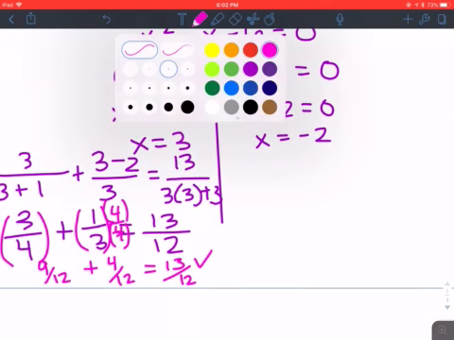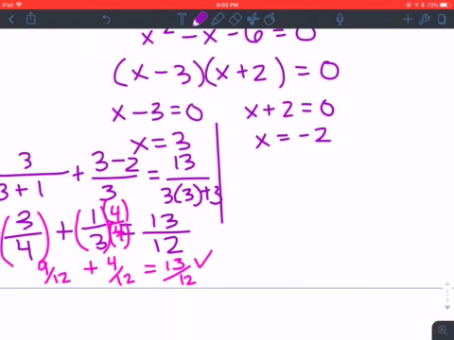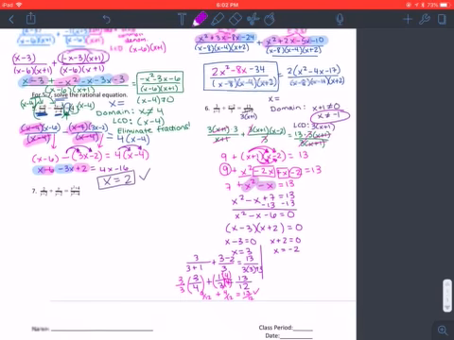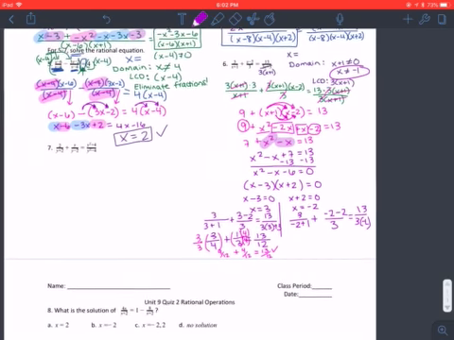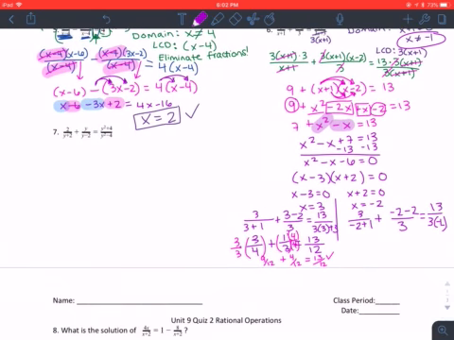Do the same thing with our negative 2. Our original was 3 over x plus 1 plus x minus 2 equals 13 over 3 times x, which is 3 times negative 2, plus 3.